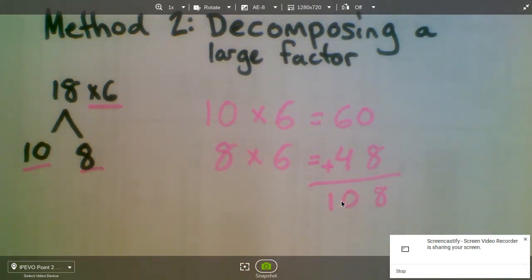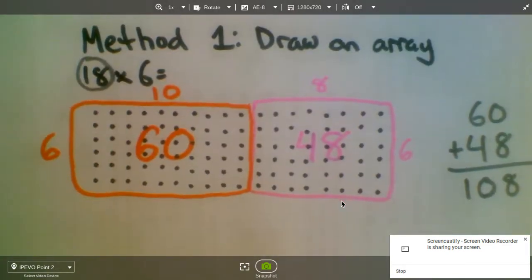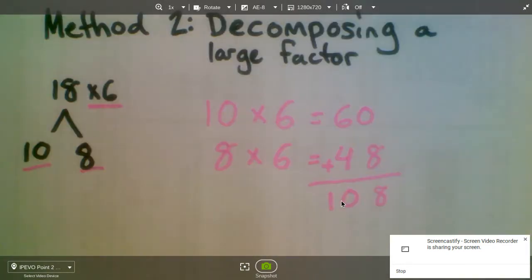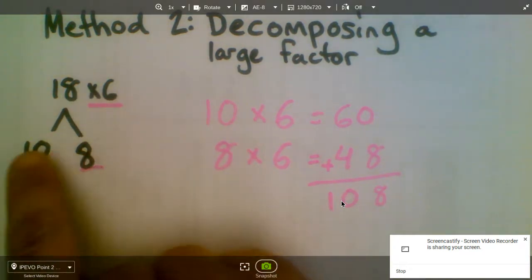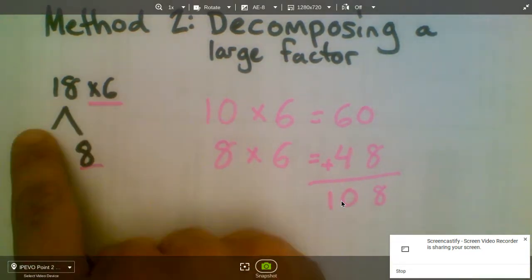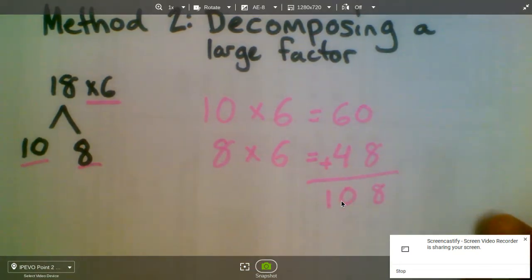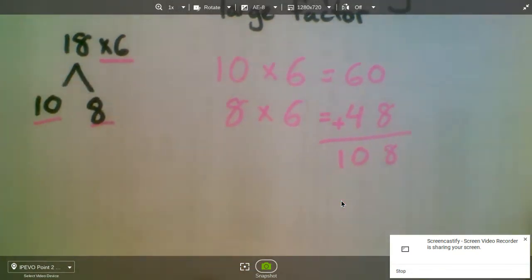So these are both the exact same strategy. I'm just showing it in a different way. In the first example, method 1, I drew it out using an array. Method 2, I didn't use an array as much or at all. I instead used a number bond to decompose 18 into 10 and 8. And I can show you the same strategy now using a larger set of numbers here.